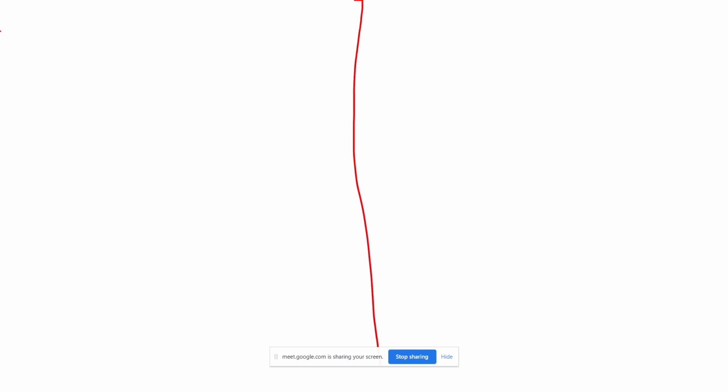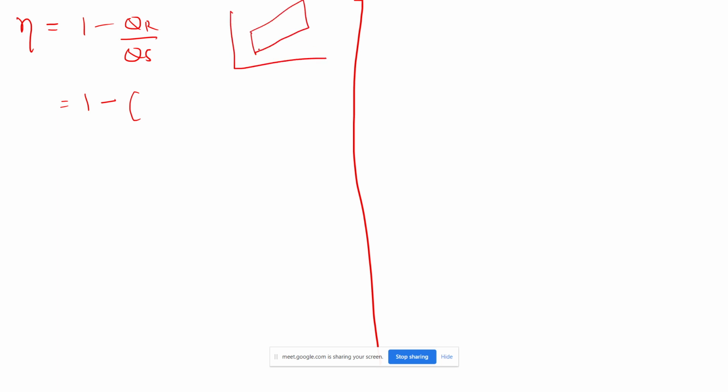So efficiency is 1 minus Q rejected upon Q supplied. So how much will Q rejected be for the cycle, because we are having both the efficiencies?